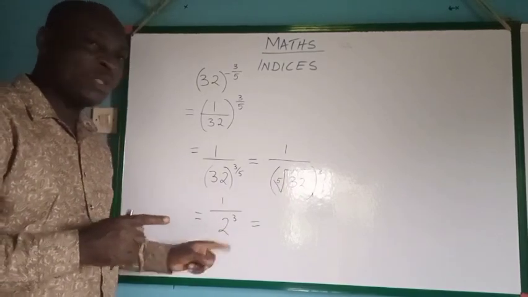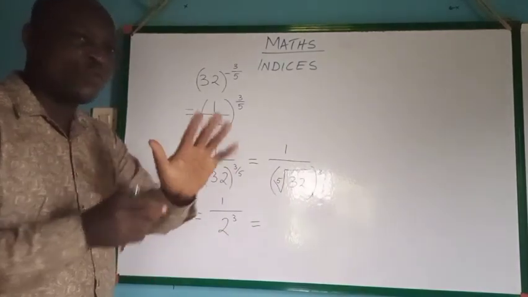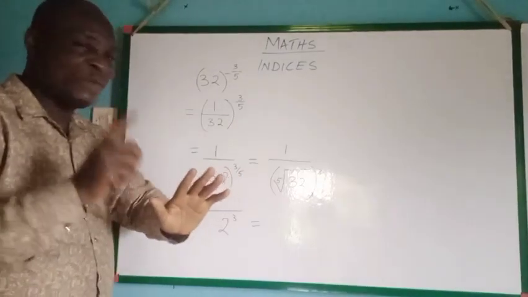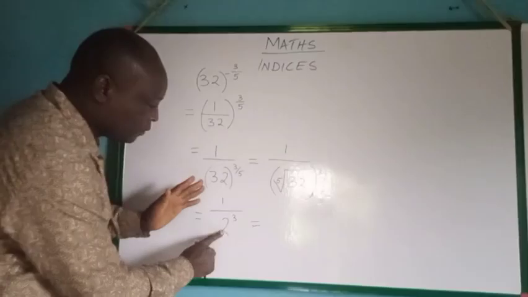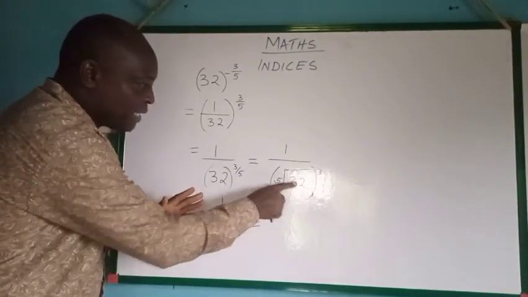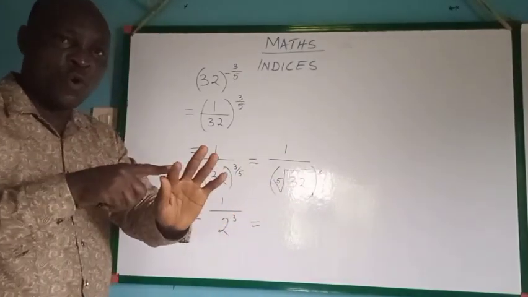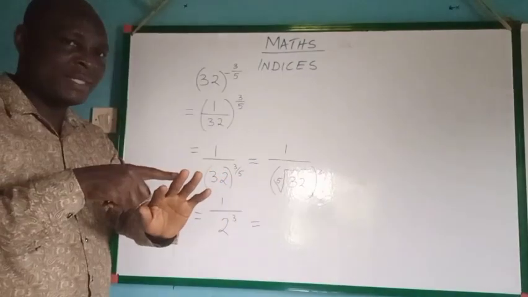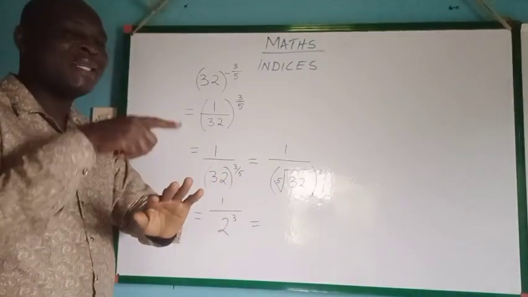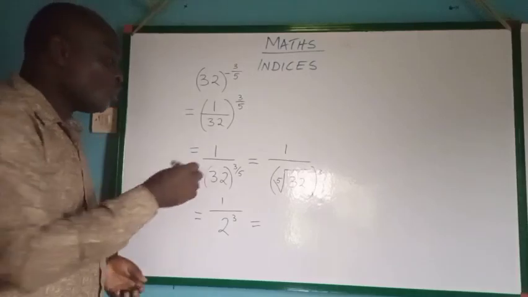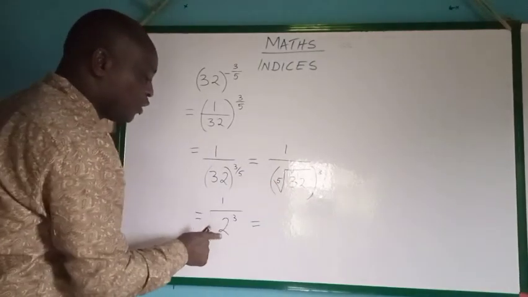If you check 2, if you multiply 2 into 5 places, it's going to give you 32. 2 times 2, 4. 4 times 2, 8. 8 times 2, 16. 16 times 2, 32. So the fifth root of 32 is 2.